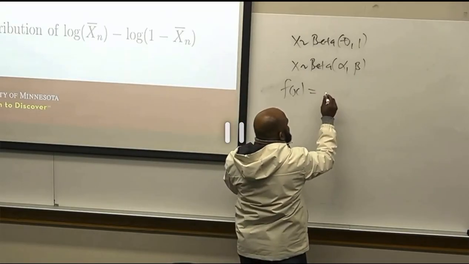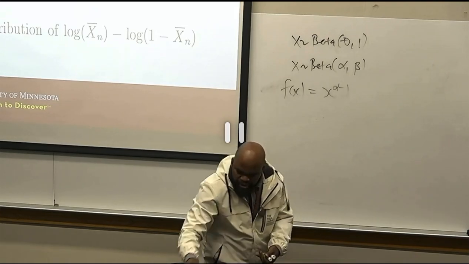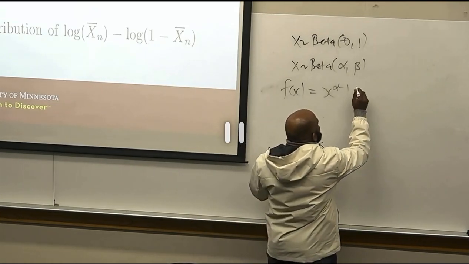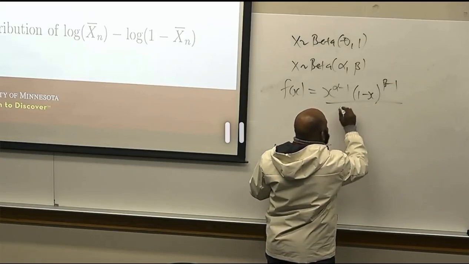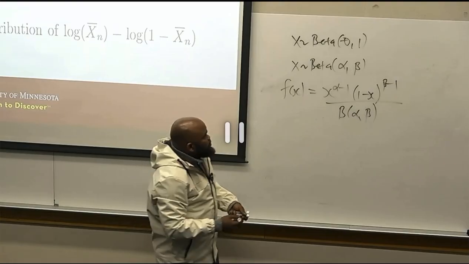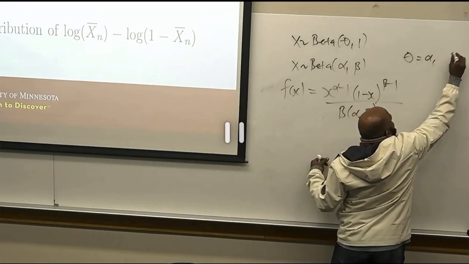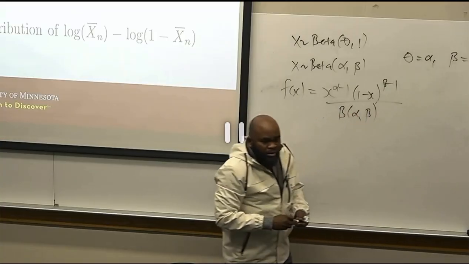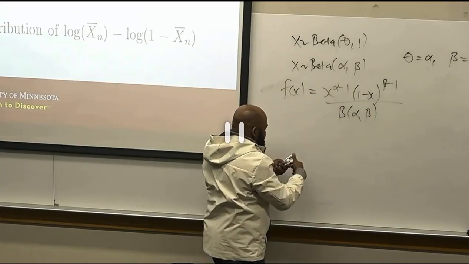The f of s is going to be s to the power alpha minus 1, times 1 minus s raised to the power beta minus 1, divided by B of alpha, beta. But right now, theta equals alpha, beta equals 1, based on what they gave me.